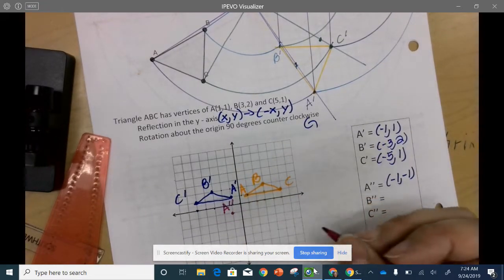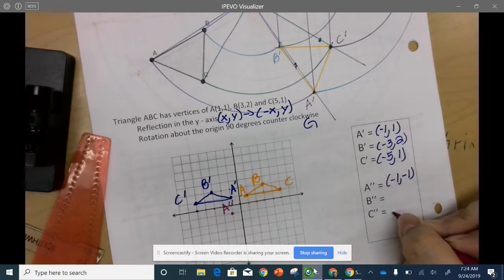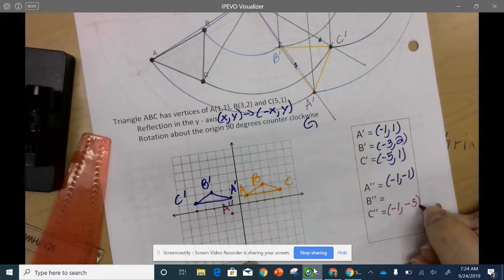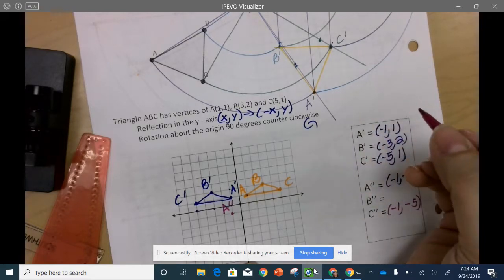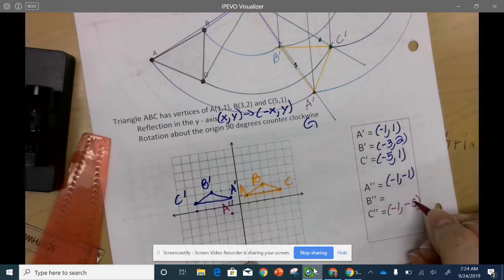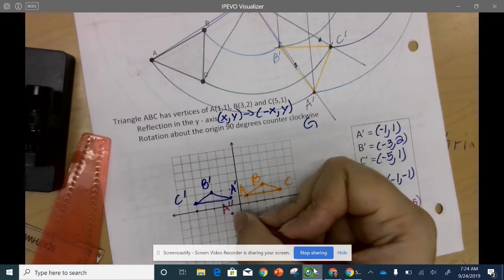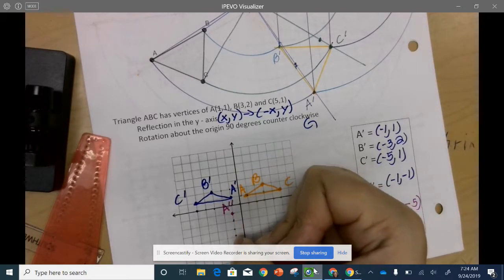And C is going to become negative 1, negative 5. So 1, 2, 3, 1, 2, 3, 4, 5.